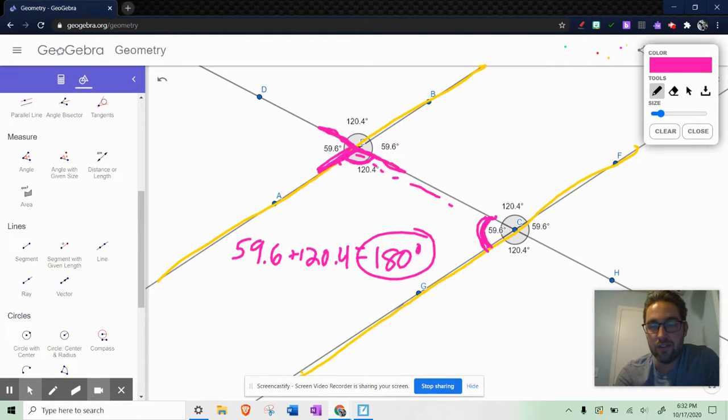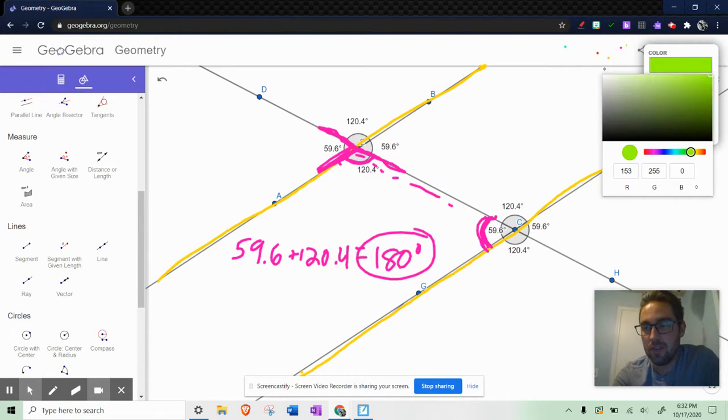If we looked at the other two same side interior angles, 59.6 plus 120.4, those also add up to 180. So same side interior angles add up to 180, which means they are supplementary.